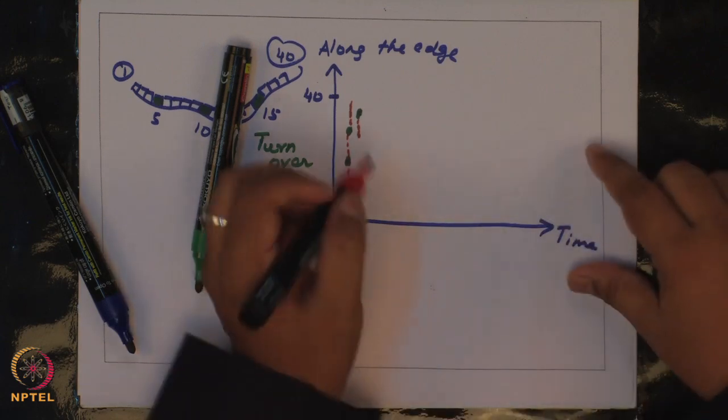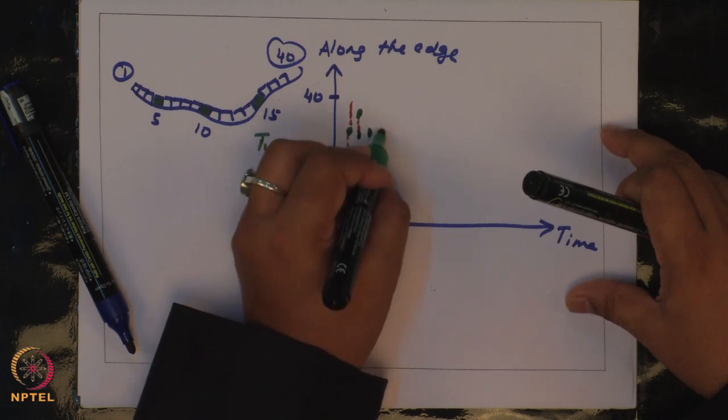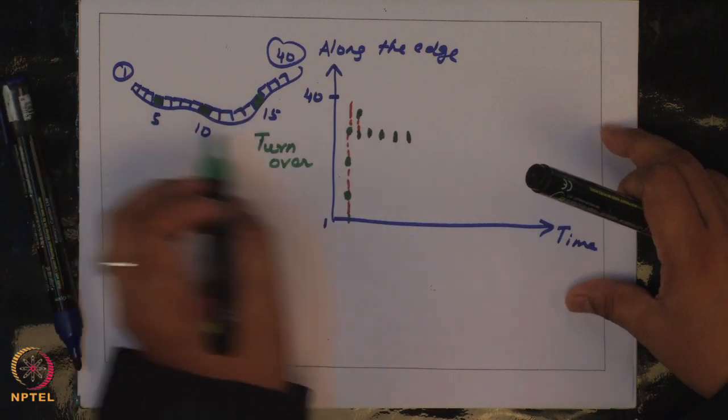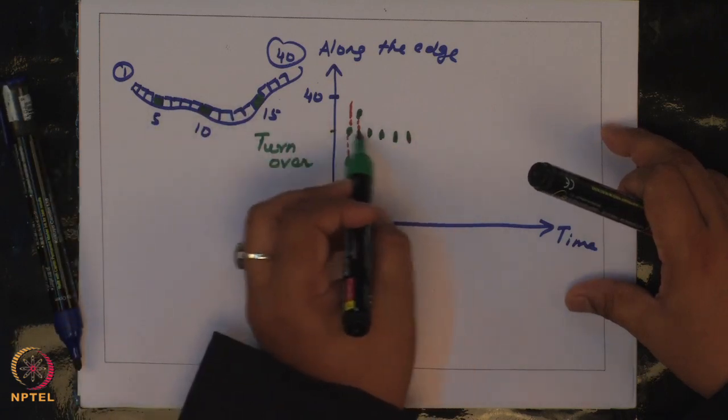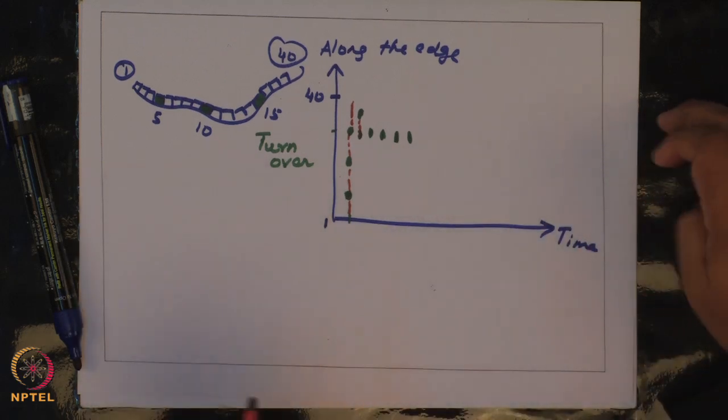Or you can have prolonged polymerization. You can have multiple time points, let us say at this point, where you see polymerization happening continuously. So, this is turnover.